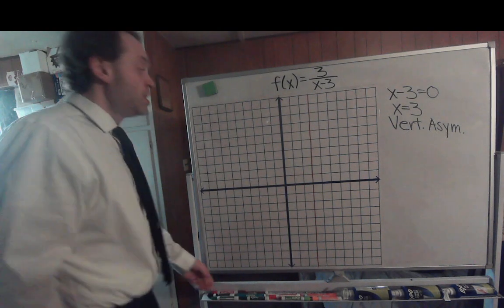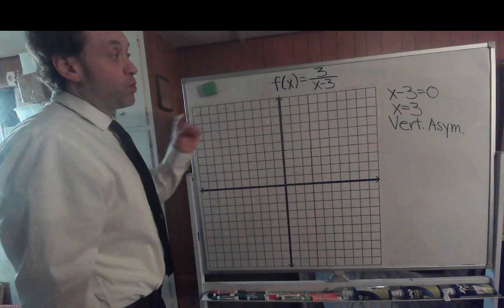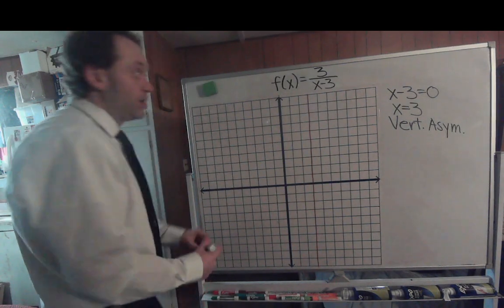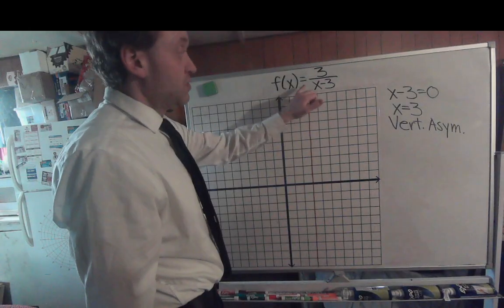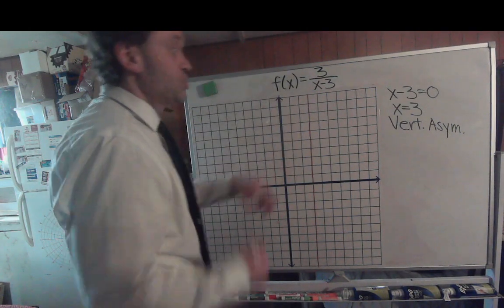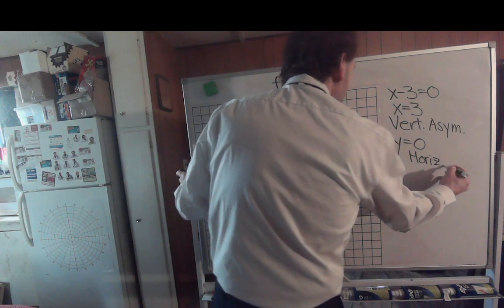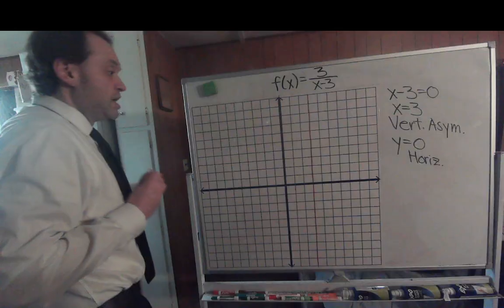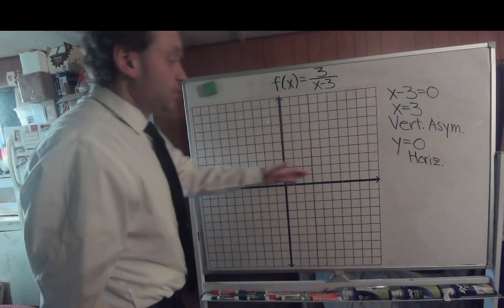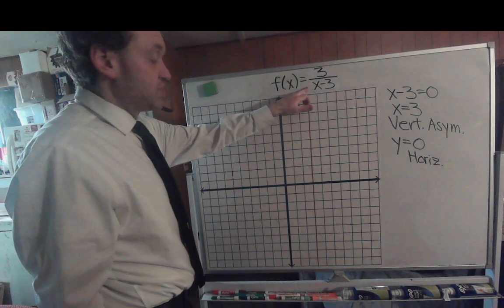Now, what about for a horizontal asymptote? Well, still, you have a constant over a linear x expression. You have a default horizontal asymptote of y equals 0. So that hasn't changed. Now, since everything shifted to the right 3, let's start when x equals 4.